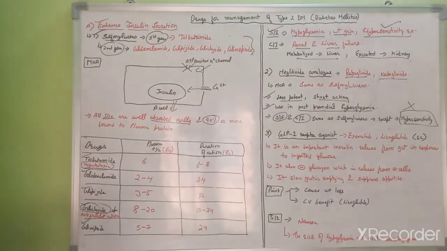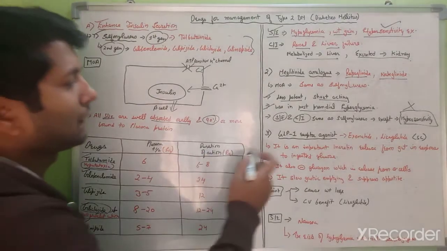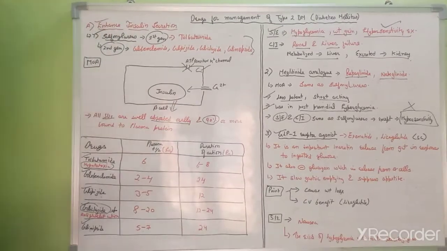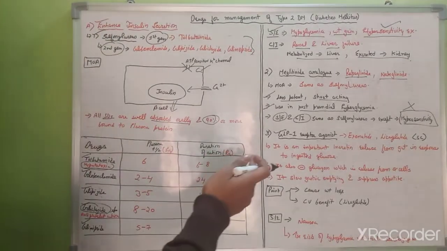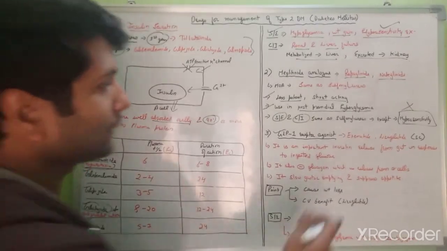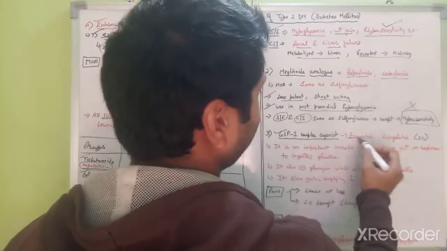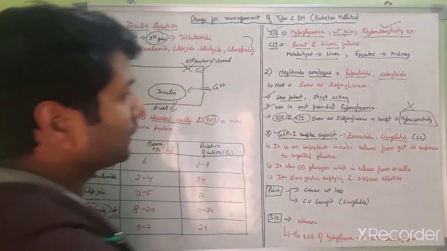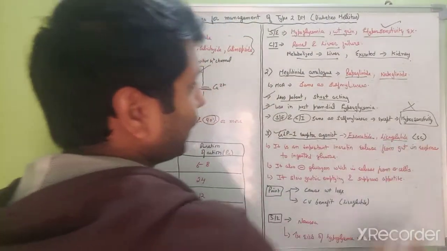The next category in this class is GLP-1 receptor agonists, that is glucagon like peptide 1 receptor agonists. In this category we have drugs like exenatide and liraglutide. These drugs are given by the subcutaneous route.